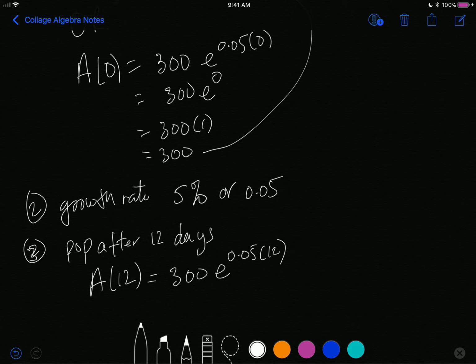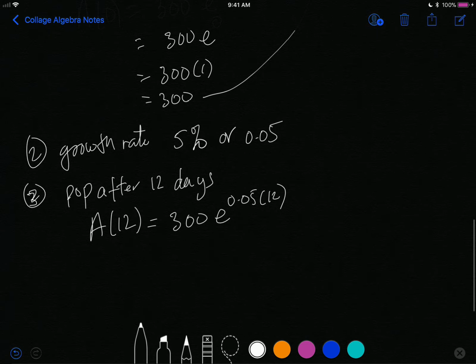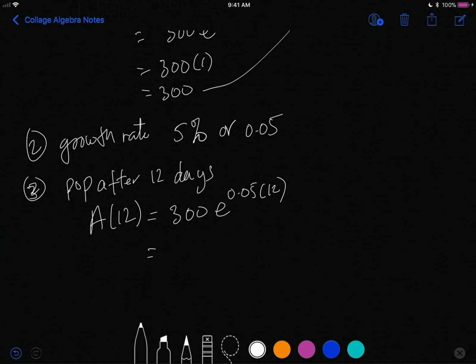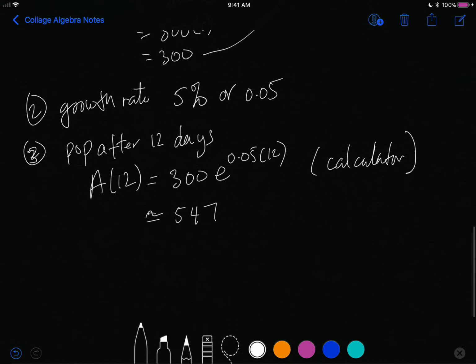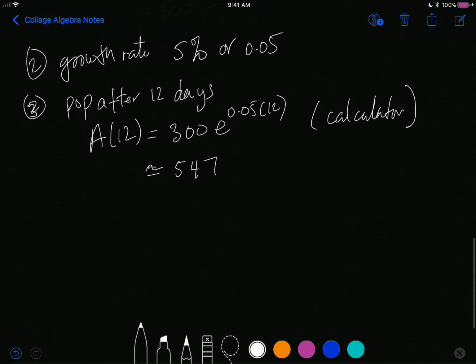And this is the answer if you don't have a calculator. But since you're doing this at home, might as well break out your calculator. When you work it out, you should get approximately 547. I have rounded to the nearest whole fly. And so about 547 flies. Just gotta plug it in, work it out. Make sure you can do it in your calculator without any help.